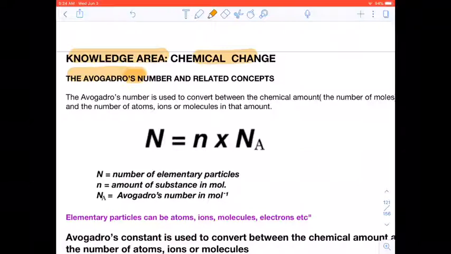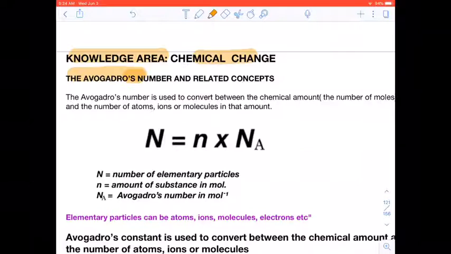Now the Avogadro's constant is one of the 7 natural constants. The SI base units are now linked to natural constants and no more to physical prototypes.